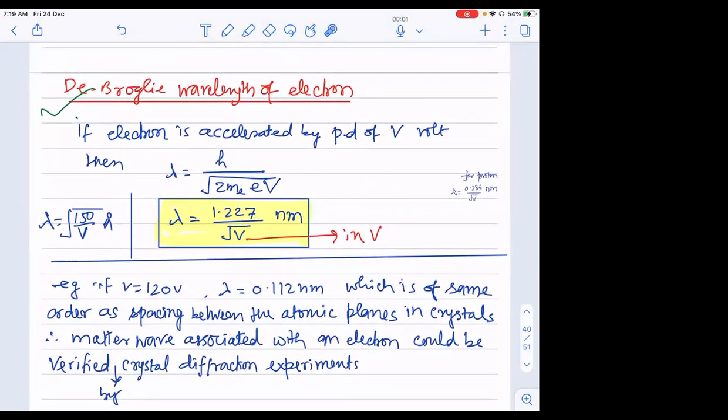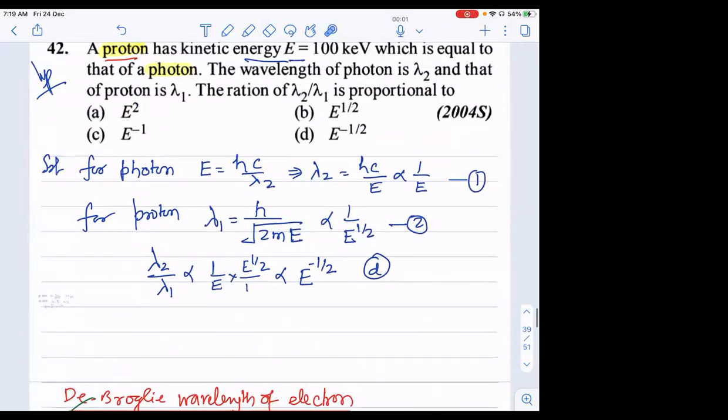Now de Broglie wavelength of electron. Electron का standard value calculate कर लेते because we know these are the constants. अगर हम de Broglie wavelength, if electron is accelerated by the potential difference of V, तो नीचे q into V, Q की जगह e लिखेंगे, ये last वाला जो relation था de Broglie का. Can you see this one?